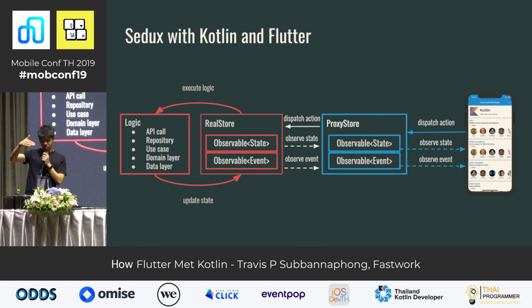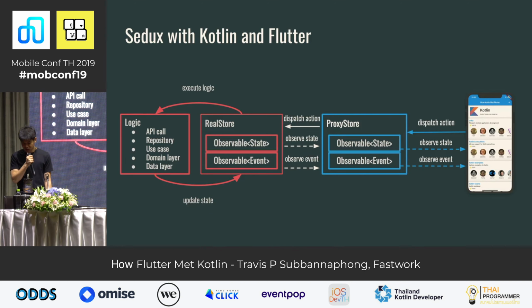use Redux with this Kotlin Multiplatform and Flutter. So what we do here is we are going to implement the UI in Flutter, of course. And on the left-hand side here, we would have the store and all the logic implemented in Kotlin Multiplatform. And you can see on the center here, we have a proxy store.